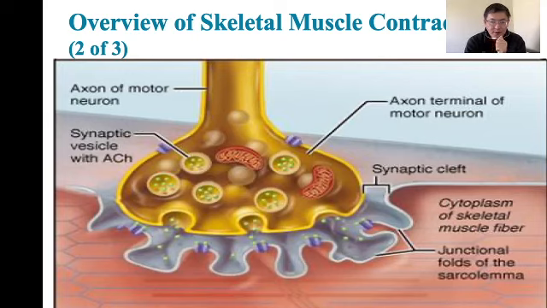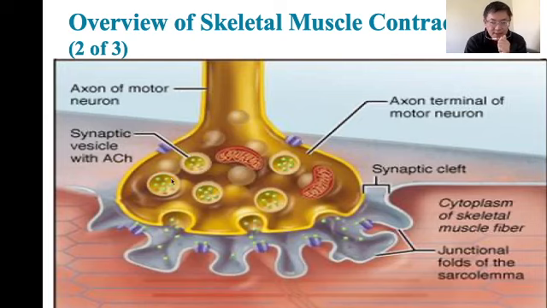In this schema, we can see this is the nerve fiber. This is the axon terminal, the bulge structure, which is also called the synaptic bulb. In the synaptic bulb, you can see there are many vesicles, called synaptic vesicles. Synaptic vesicles contain acetylcholine, so these yellow dots are the acetylcholine.